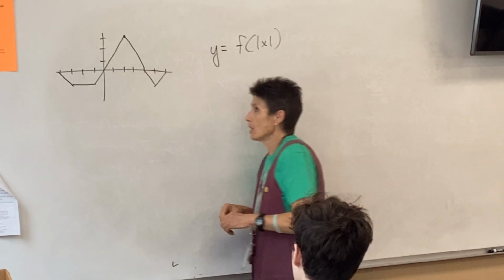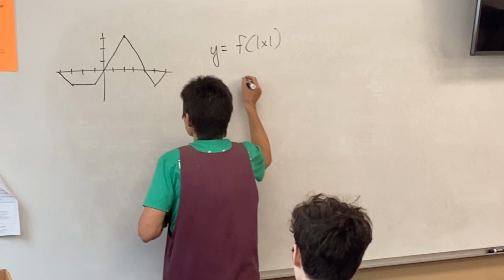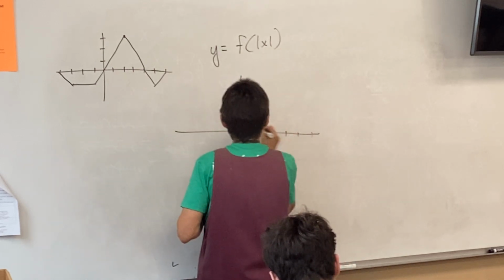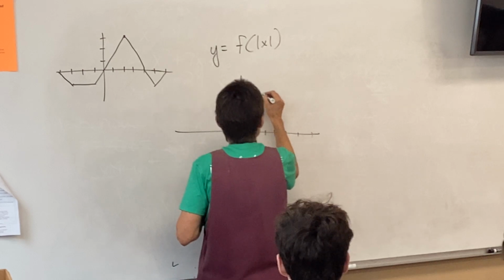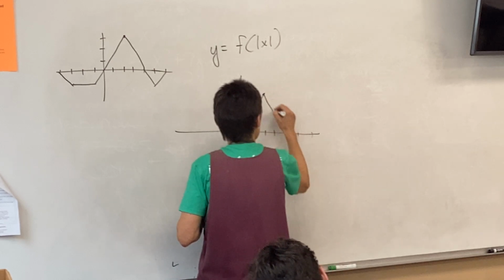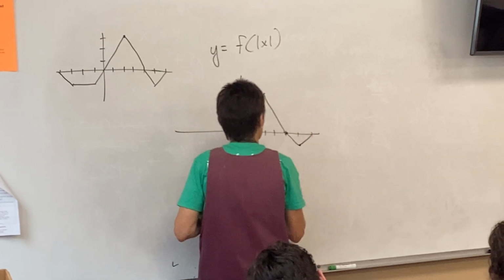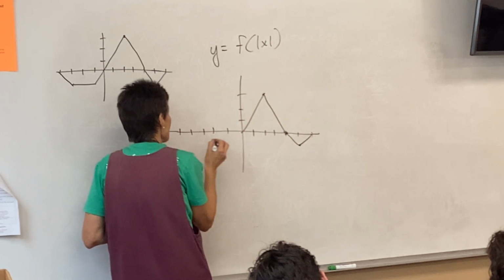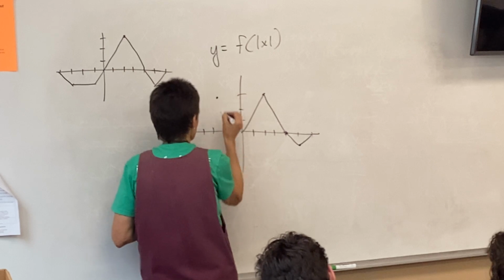Exactly. So we draw the right side exactly the same as it is. That doesn't change. So nothing's different about the right side of the picture. Then we mirror that onto the left side.